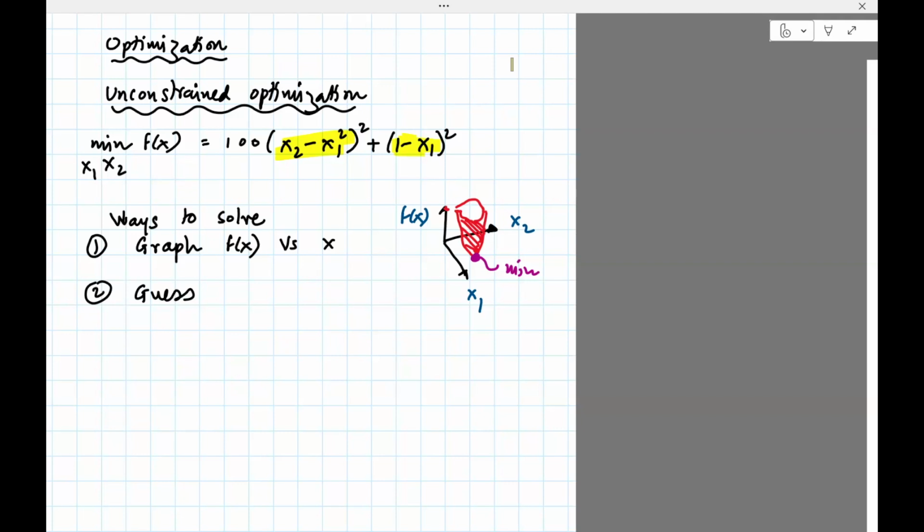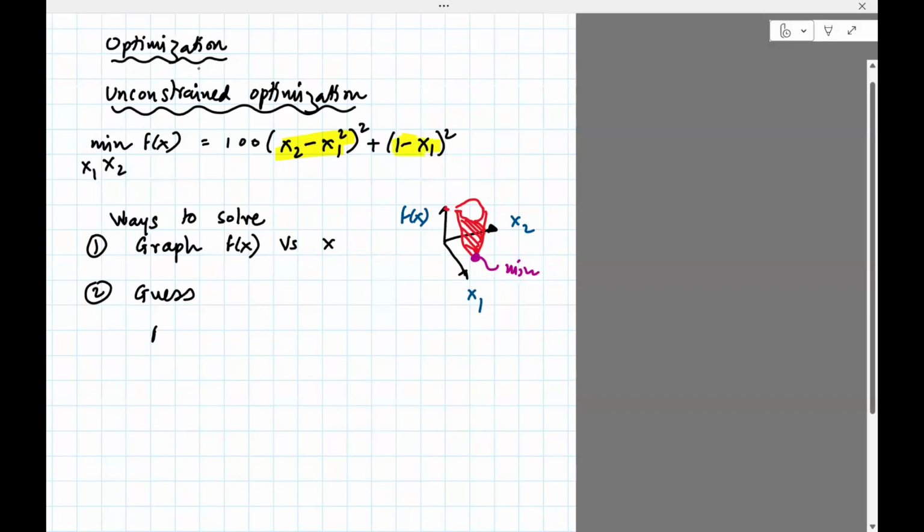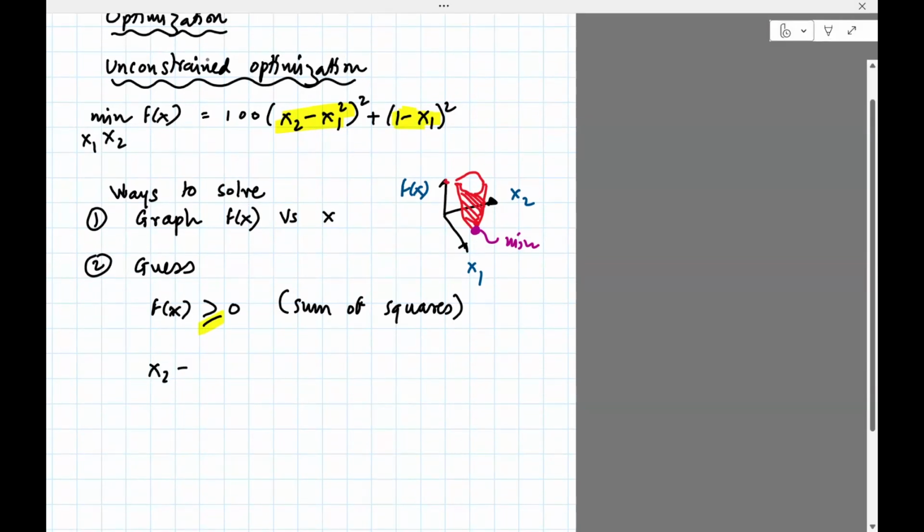So maybe we can guess that the solution to this will have f of x greater than or equal to 0 because it's a sum of squares. So maybe the 0 is the solution. So we can set x2 minus x1 squared equals 0, and 1 minus x1 equals 0.